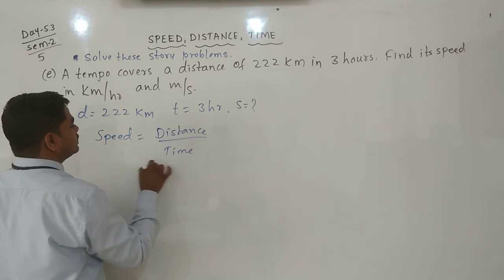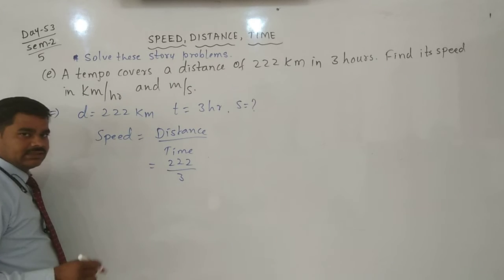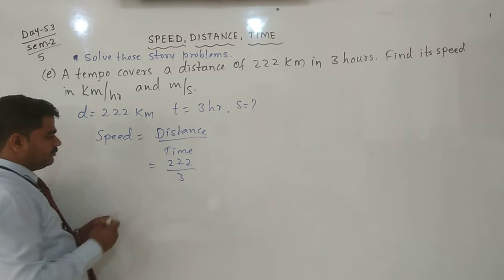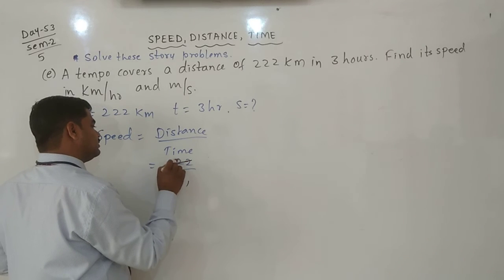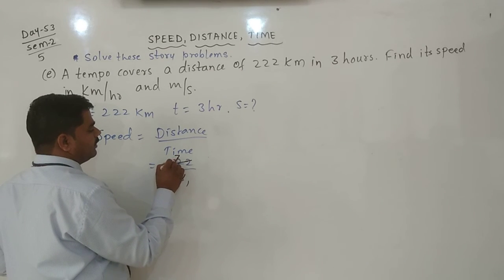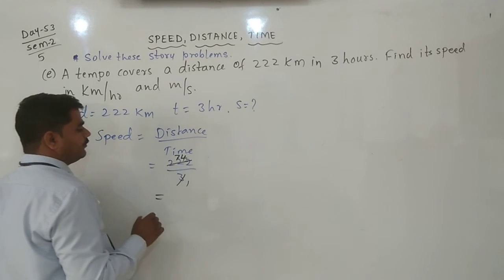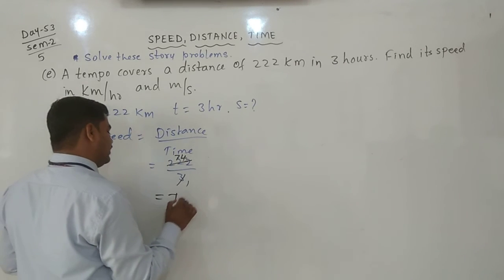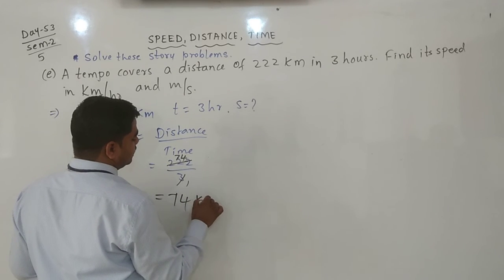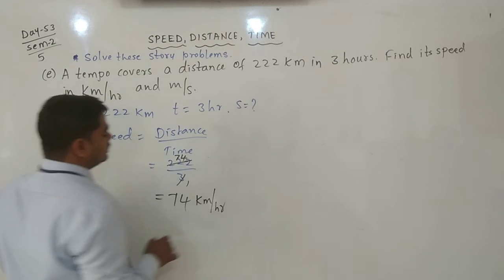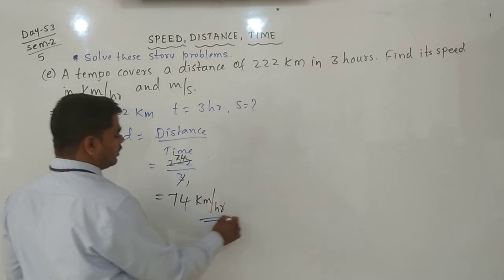Then distance is 222 by time, 3 hours. 3 ones are 3, 3 7s are 21, 1 remains, again 12, 3 4s are 12, then 74 kilometer per hour. This is the first one. We got it in kilometer per hour.